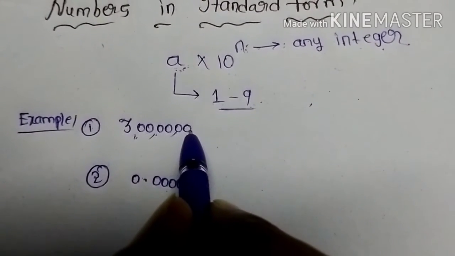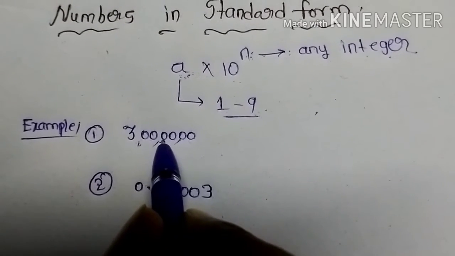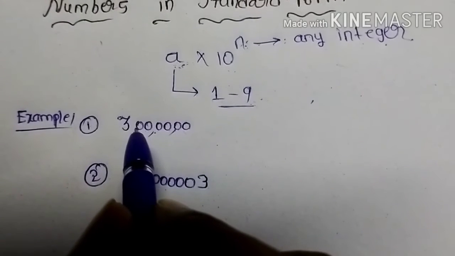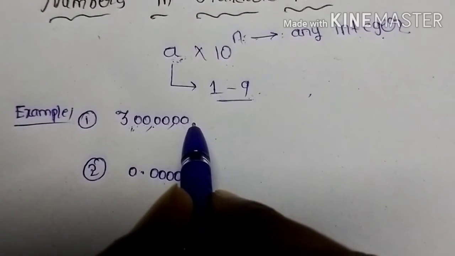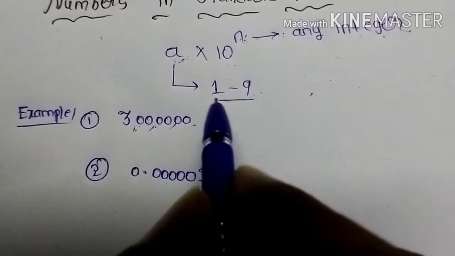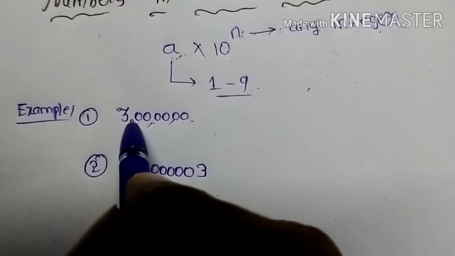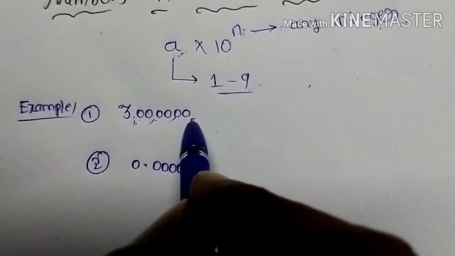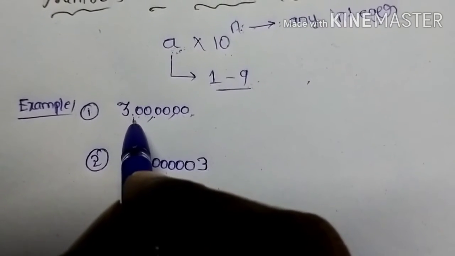You can count 1, 2, 3, 4, 5, 6 zeros are available. Already a decimal point is available here or not? Yes. We need to move the decimal point to the left hand side.